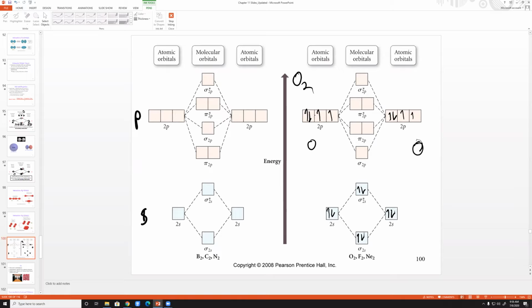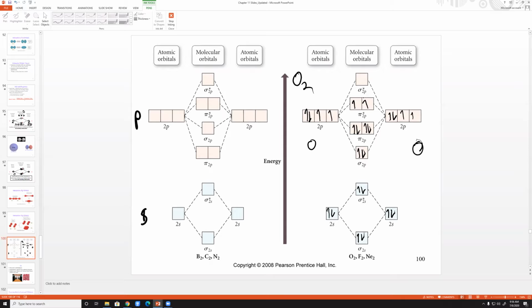Then for p, you have 8 electrons total, so you go 1, 2, 3, 4, 5, 6, 7, 8. Does that make sense why I did that? You're just filling them up as we normally fill subshells in energy level order, going from low to high.